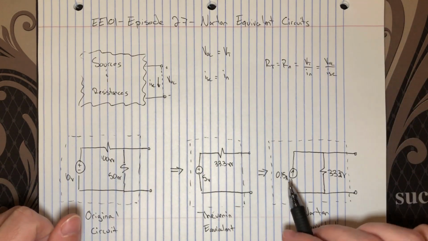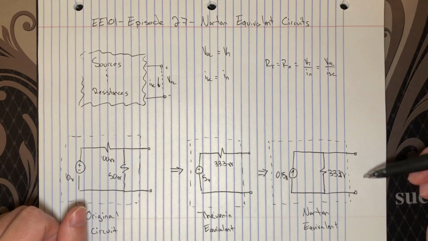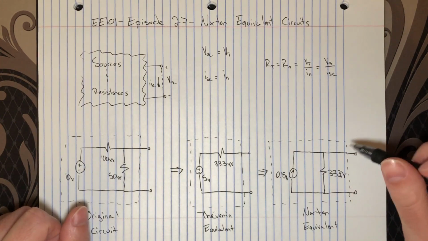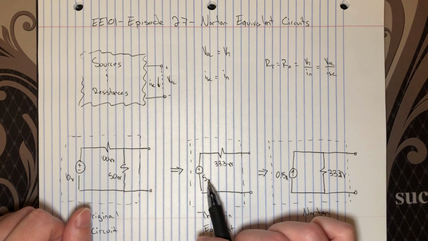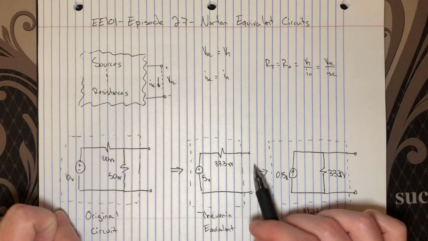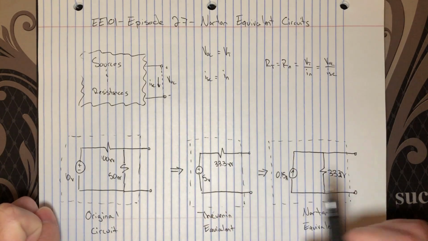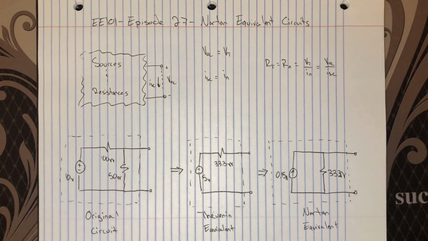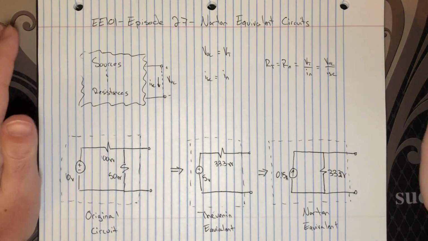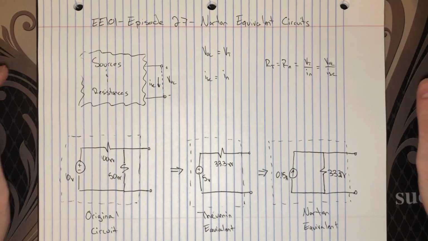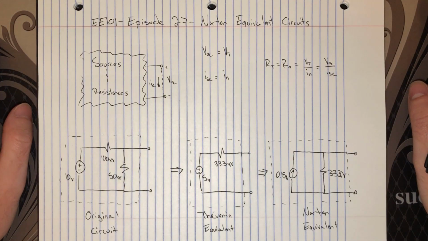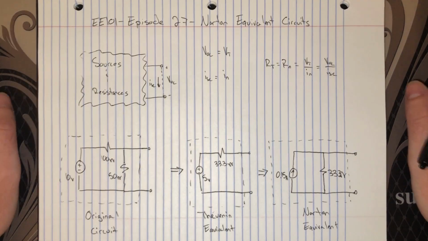Think about how this current source creates the open circuit voltage across the resistor when they're in parallel, and think about how this voltage source creates the short circuit current through this resistor when they're in series. And so that's all this is, this concept of equivalent models, Thévenin and Norton. It's very simple when it comes down to it, but it's important that you understand what's going on here.